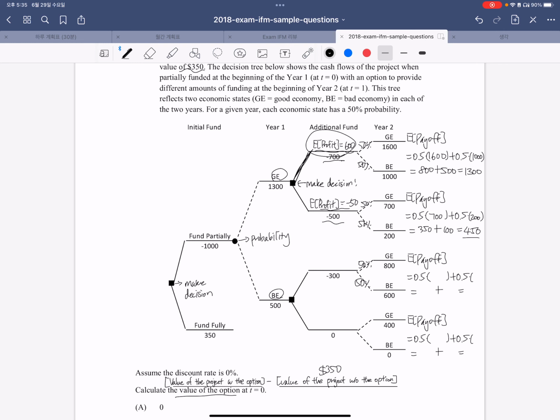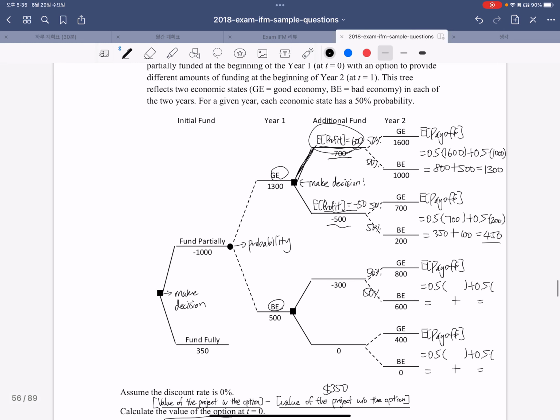So we have 50% chance of being a good economy, and the payoff would be 800, as you can see. And when it's a bad economy, 600. So it'll be 400 plus 300, which is 700. And as we funded with 300, we have to subtract 300 from the payoff to calculate the profits. So expected profit would be 400 when we fund with 300.